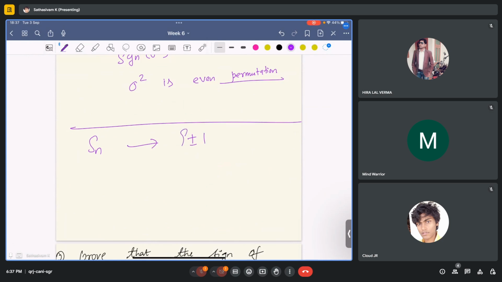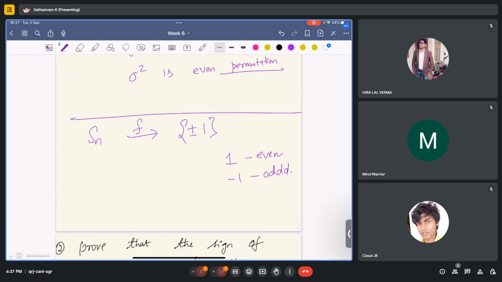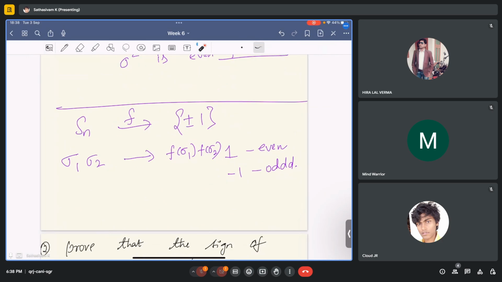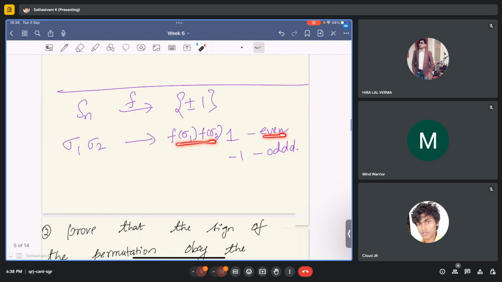So 1 means even permutation, minus 1 means odd permutation. If you take sigma 1 and sigma 2, it goes to f of sigma 1, f of sigma 2. Here you observe, if you take 1 and 1 and multiply, you get 1.